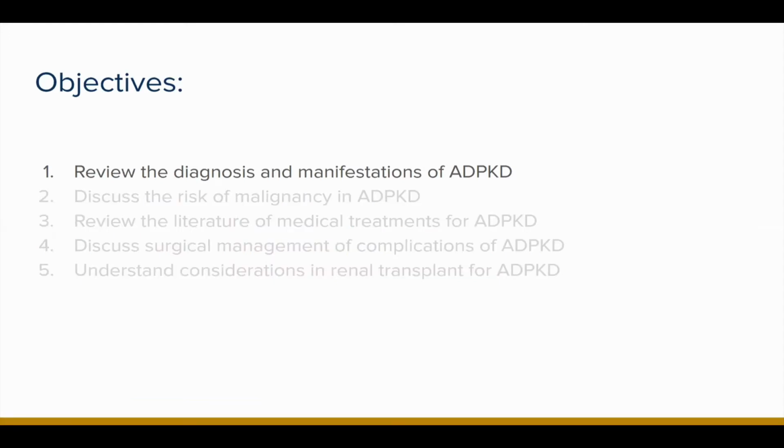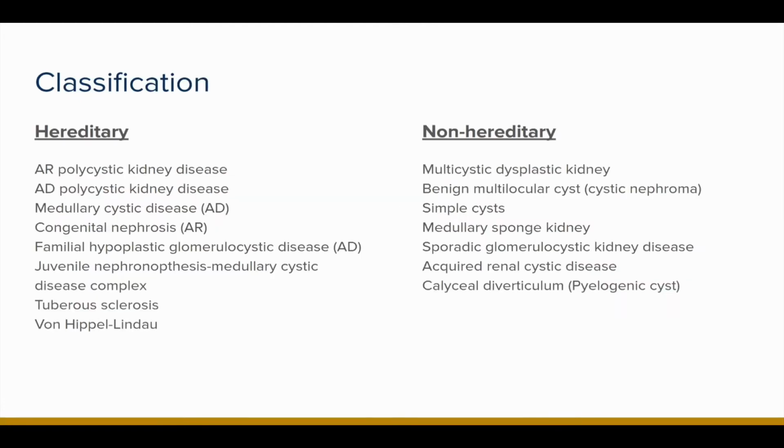So first, I'd like to start just by reviewing the diagnosis and manifestations of AD-PKD. And from here on out, if I refer to polycystic kidney disease, I'm referring to AD-PKD. Now, there are a number of cystic disorders of the kidney which can be classified into hereditary and non-hereditary variants, with autosomal dominant polycystic kidney disease obviously being a hereditary cause.